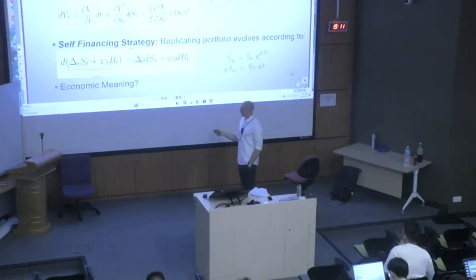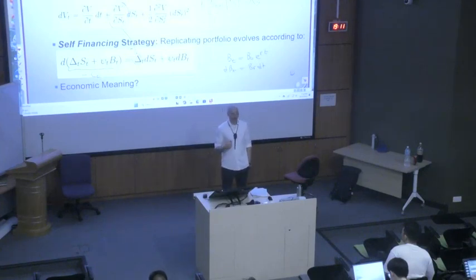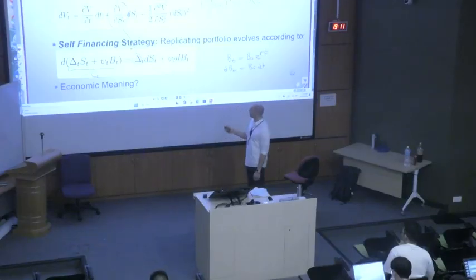The only way that the dynamics are 0 is if both right-hand sides are equal, and the only way that could potentially be true is if this stochastic term vanishes.